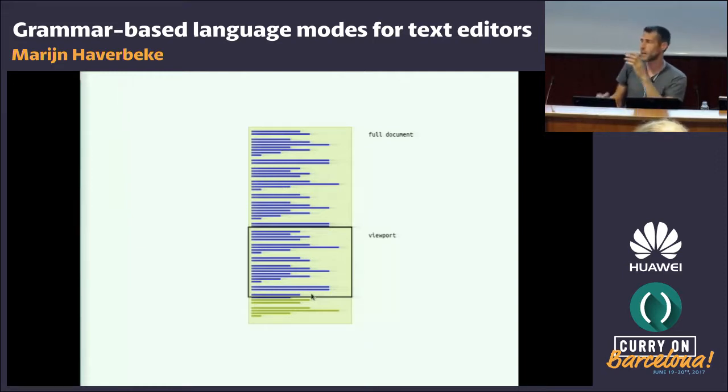So if you are at the bottom of the document and you want to draw something, but you don't have a suitable state, you can just make up some state and start highlighting, and then later as your background thread catches up with your position, you can fix whatever is different. So if someone added a block comment marker on the first line, then yeah, the whole document will look different, but usually it'll look almost the same. So you don't need to immediately get the accurate state.